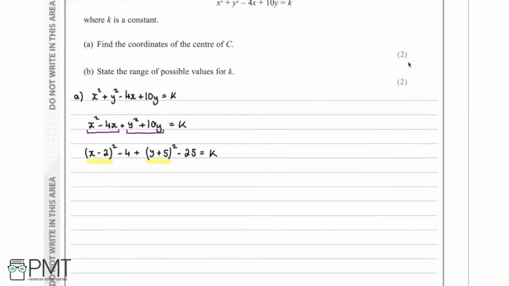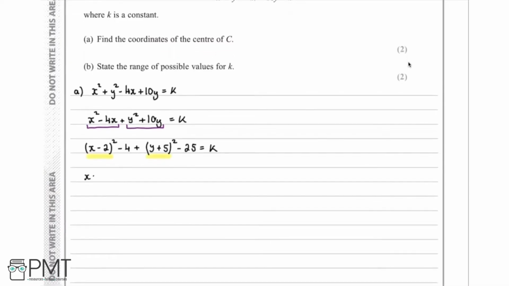That means the x coordinate is going to be 2 and the y coordinate is going to be -5, always remembering we swap the signs when we go from inside the bracket to outside the bracket. So the coordinates of C are 2, -5. And that's us completed part A.